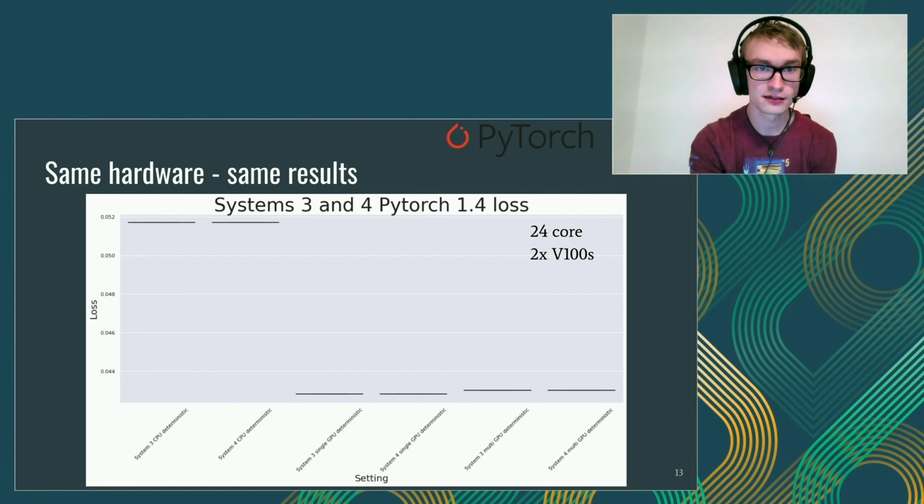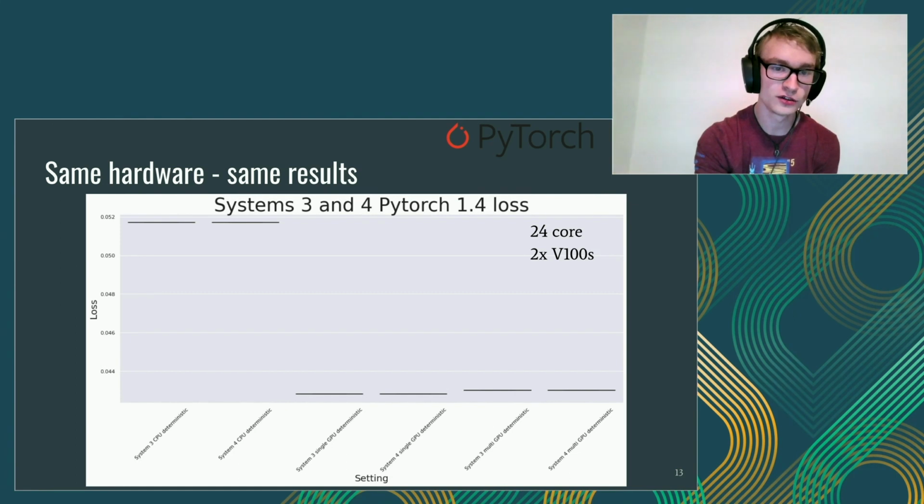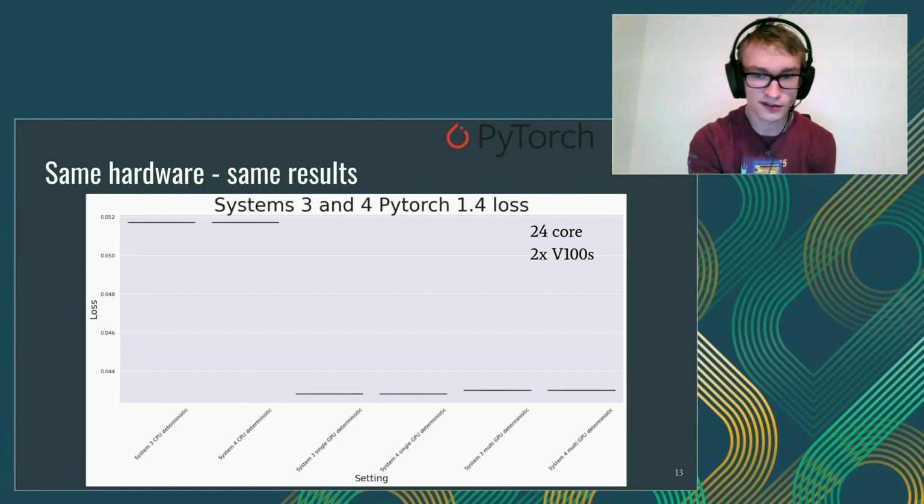One thing that you should know is that as long as you keep the hardware consistent, so if you use the same hardware architecture, then you should always get the absolute same results given all deterministic settings are enabled. So in this plot, you can basically see system 3 and system 4, which were different systems but had the same hardware, and all the deterministic settings were always enabled.